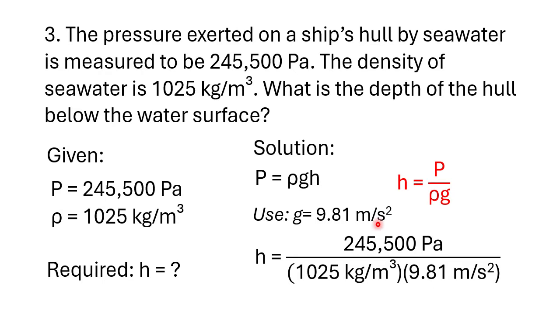Okay, so we divide pressure by the product of density and gravity. And we get 24.42 meters rounded off to nearest two decimal places. Hence, the depth of the hull below the water surface is 24.42 meters.